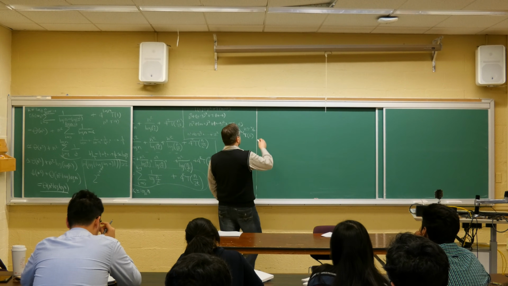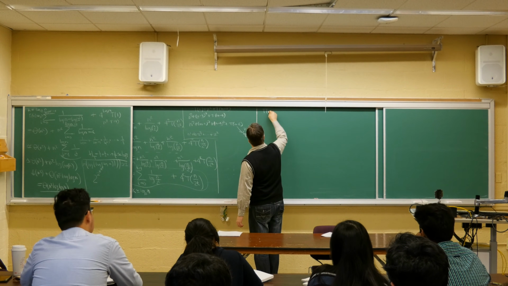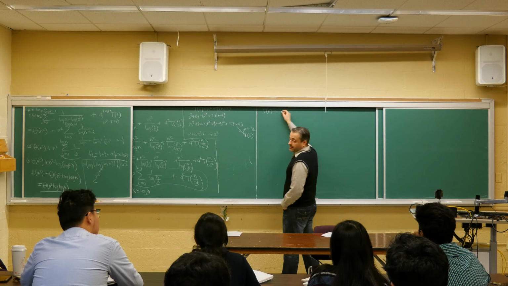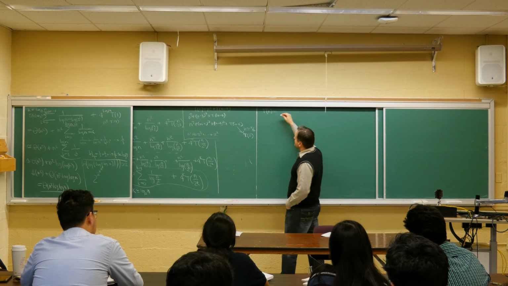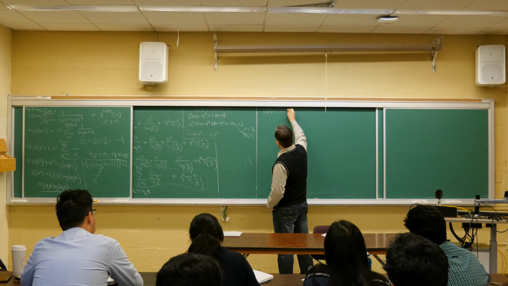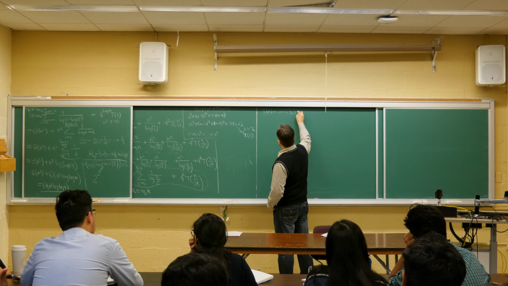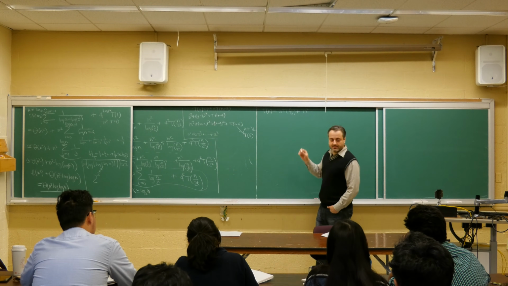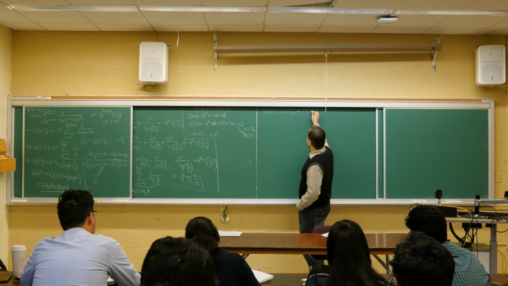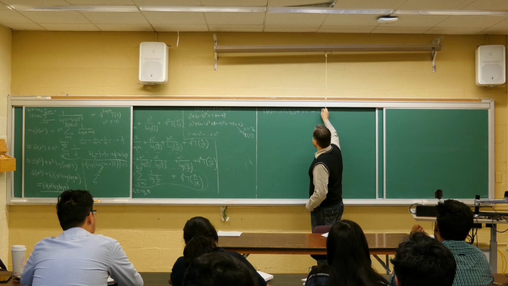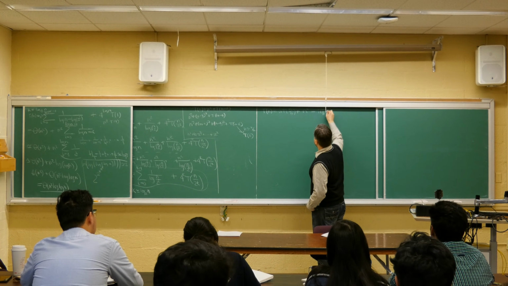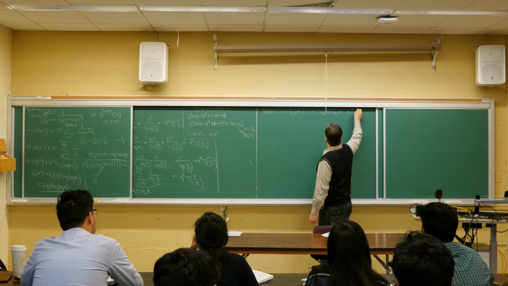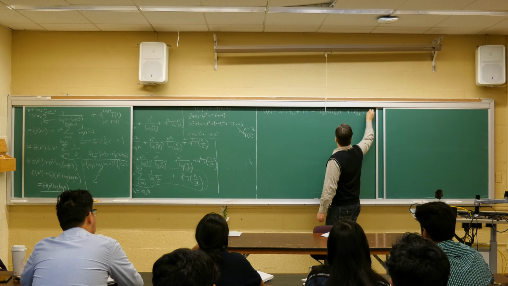So suppose I have a recurrence that says T of n is not like in master theorem. Master theorem says a times T of n by b plus n to the c, right? That's the master theorem. What this does in fact, it says T of n by b plus T of n by b plus T of n by b plus n to the c.